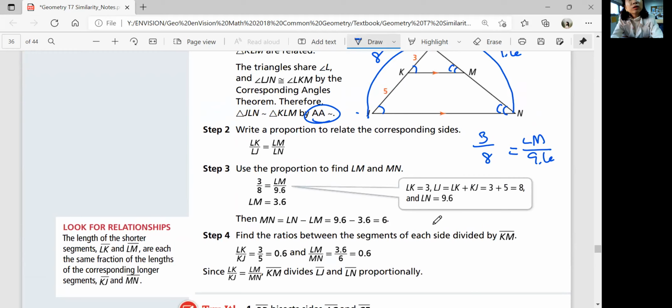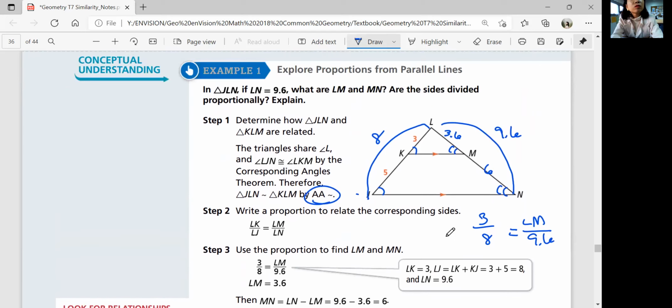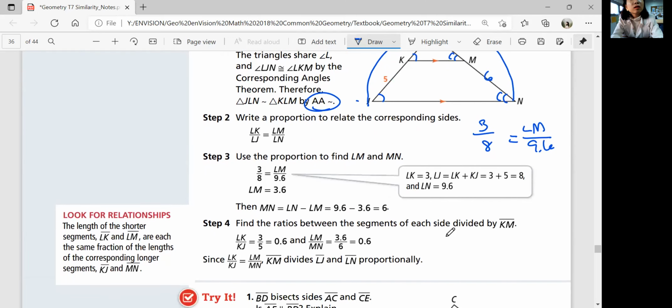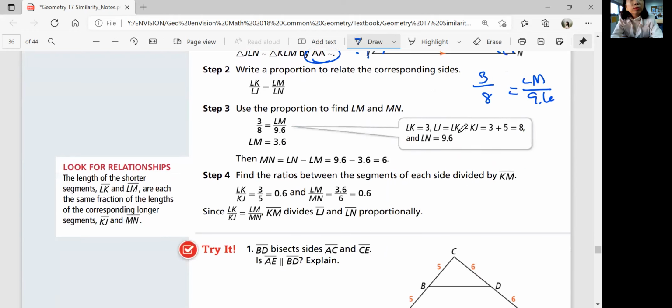LM is going to be 3.6. Now that we know LM is 3.6, you subtract it from 9.6 and MN is 6. So now we've got LM and MN, and since these triangles are similar, all the sides are going to be proportional.